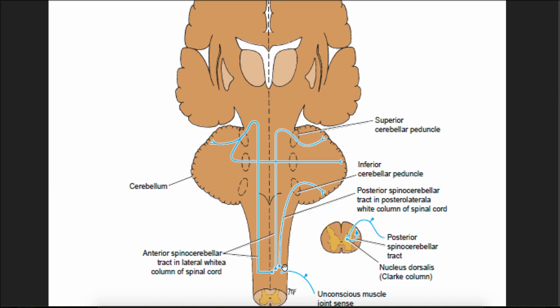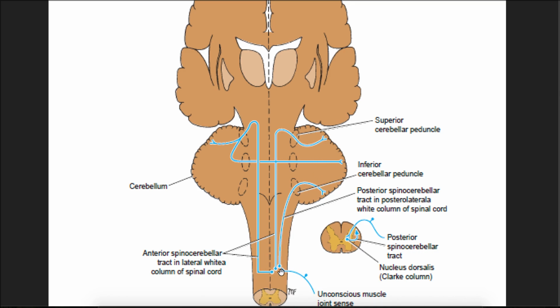The other pathway I want you to look at is anterior spinocerebellar. It's entering the same way, but immediately after entering, it crosses to the opposite side. Then it goes up as anterior spinocerebellar tract, and then it goes through the superior cerebellar peduncle and comes out of the middle and goes back to the same side.